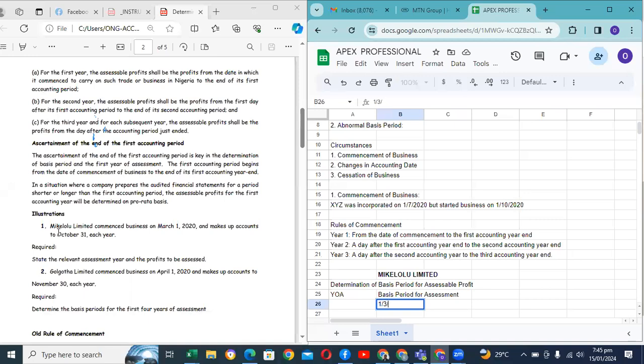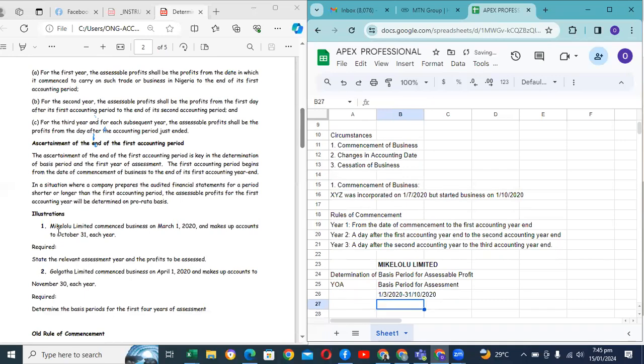So 1 March 2020. Are we together? Yes. So what's the accounting year end? We said from the date of commencement to the first accounting year end. That's 31st of October 2020. Is that clear, everyone?